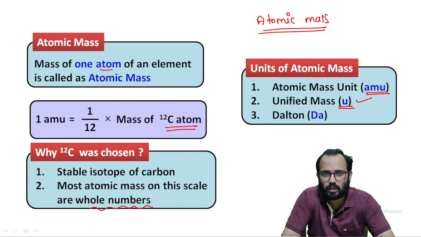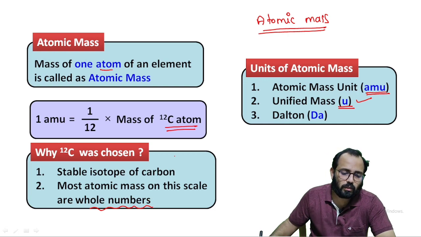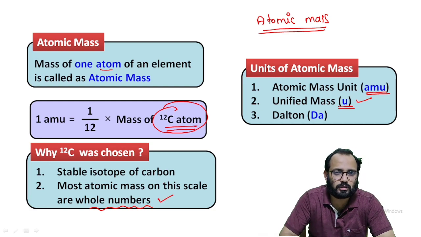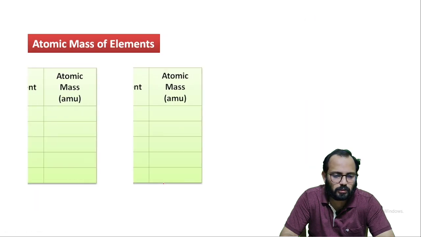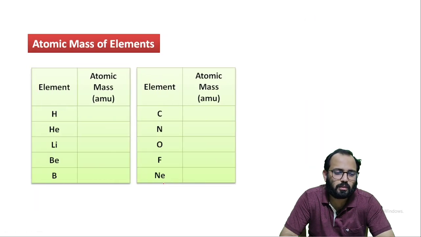If the values come in decimals, you know how difficult it is to calculate. But when you compare with the mass of the carbon-12 atom, most of the values come in whole numbers. So we should remember the important elements and their masses.